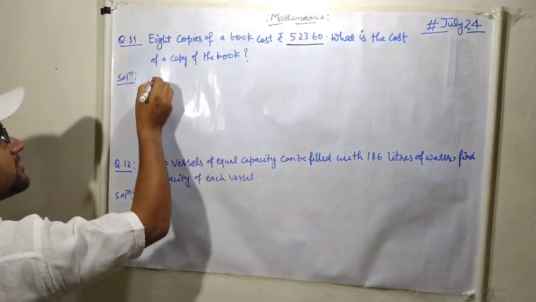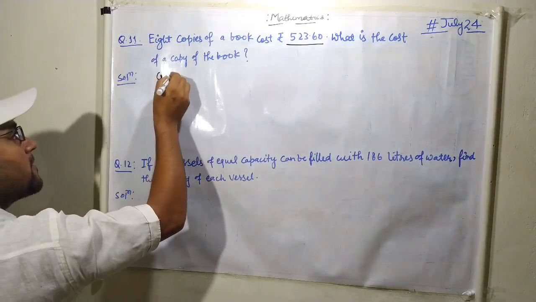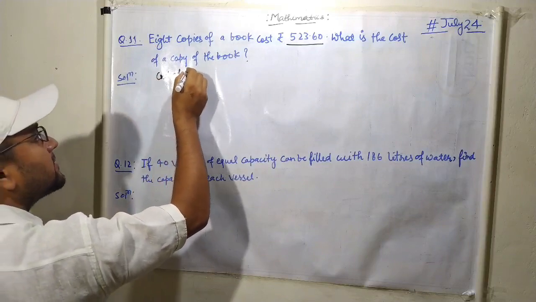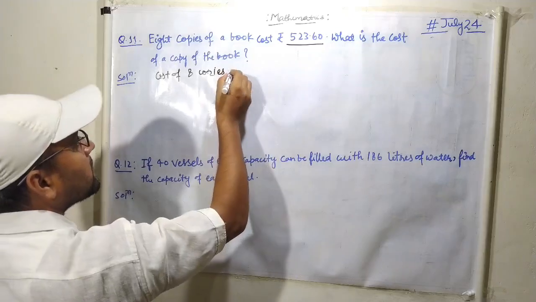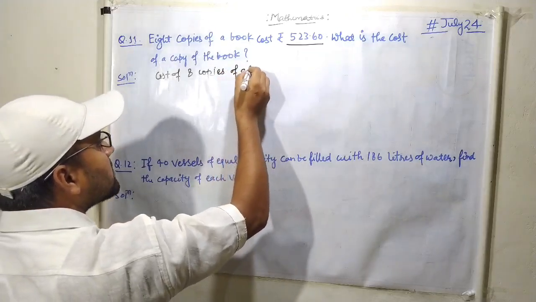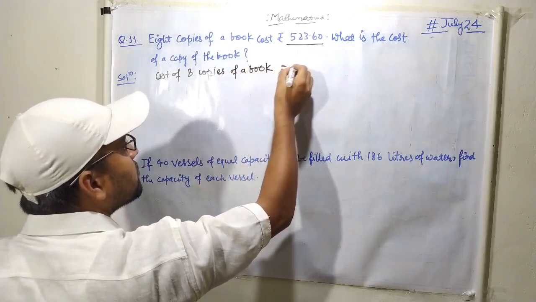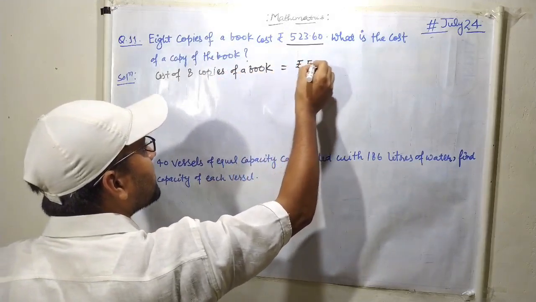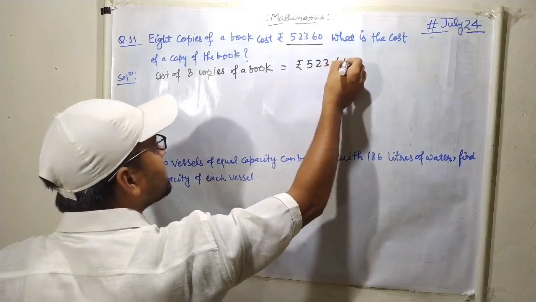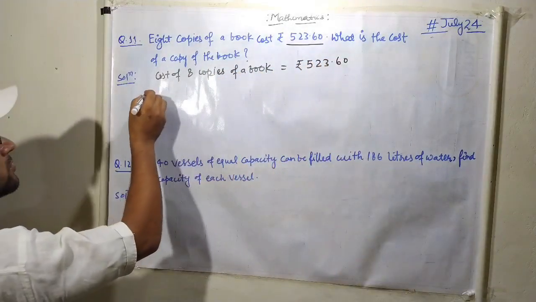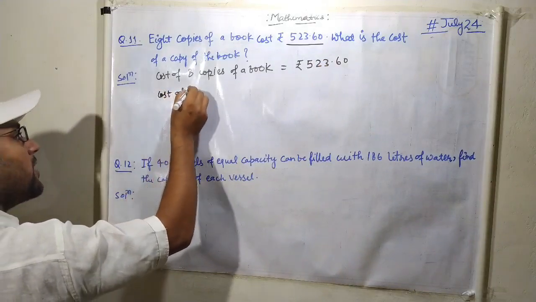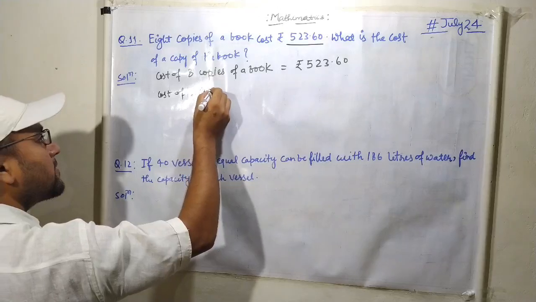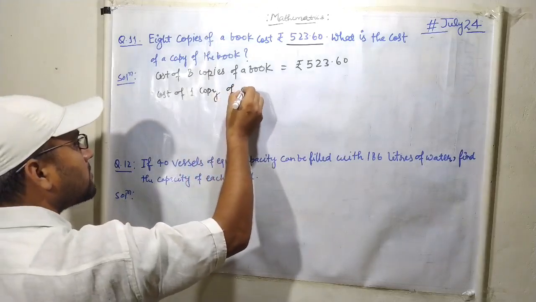So I'll write it: cost of 8 copies of a book is equal to rupees 523.60. So the cost of one copy of a book.